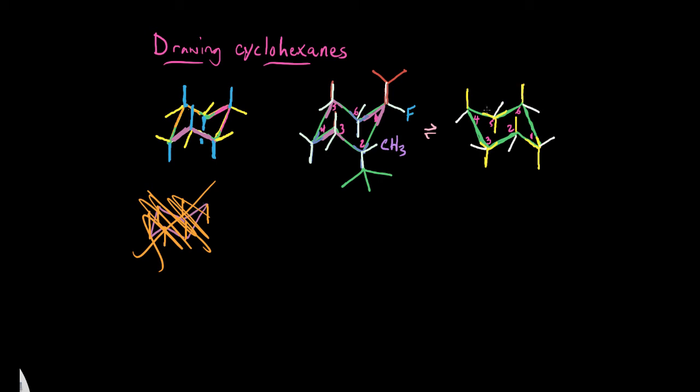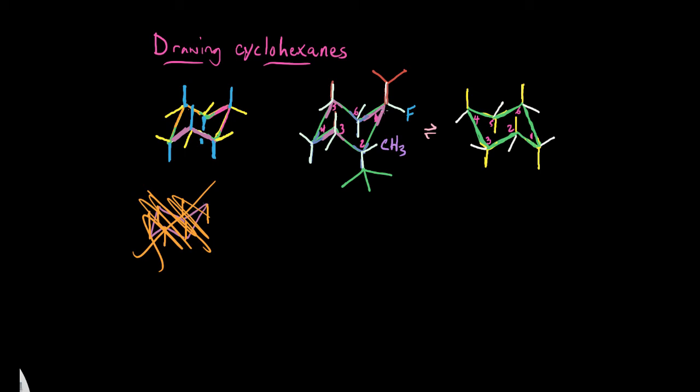And now that we've done that, let me just make these lines green again so that there's no confusion here. Okay, so now that we've put in our substituents correctly, or we've at least put in the orientations, axial and equatorial, now we can begin to put in the substituents.